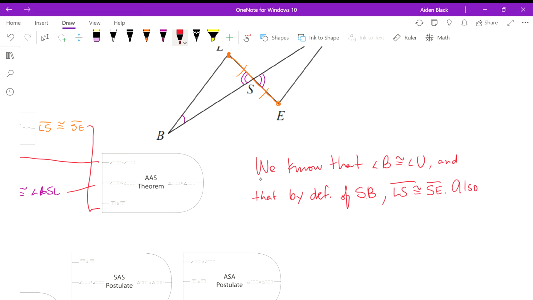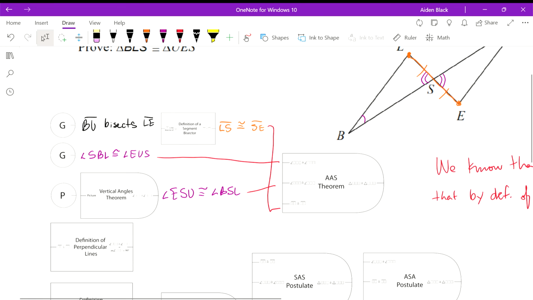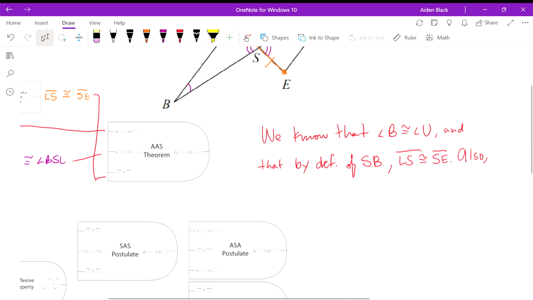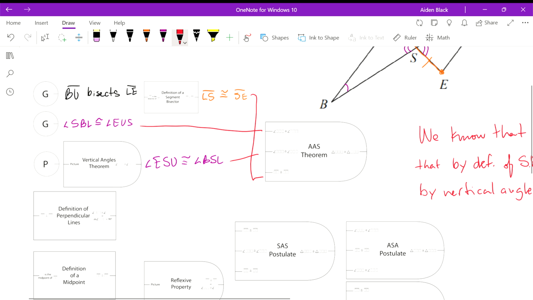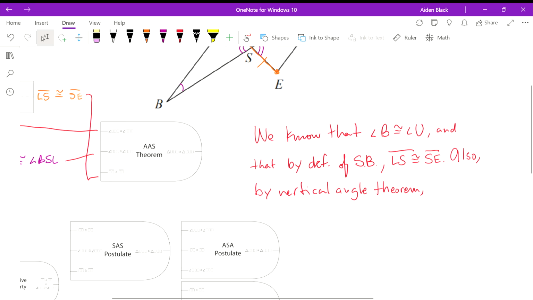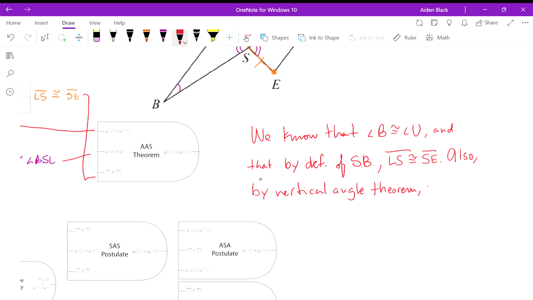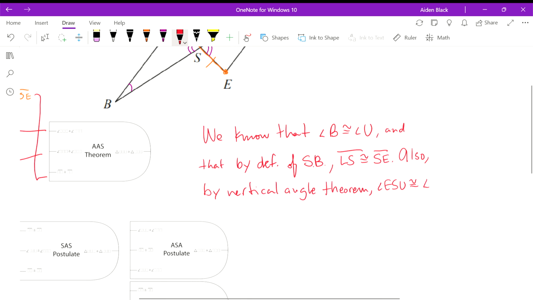Also, by vertical angle theorem, you can shorten that, VAT, we know that angle ESU is congruent to angle BSL.